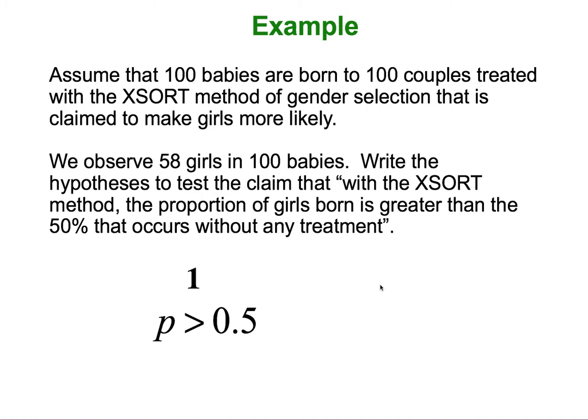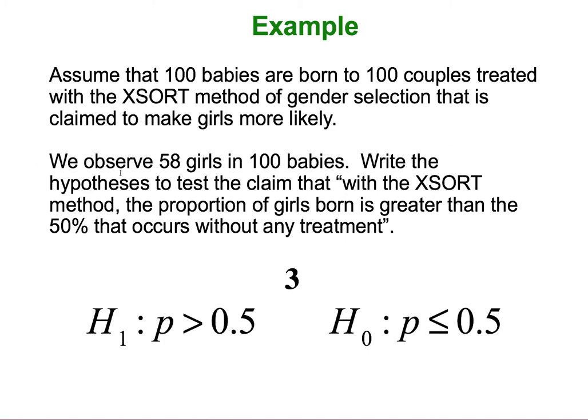Proportion is greater than 0.5, the 50-50 shot you get normally. And then the complement would be proportion is less than or equal to 0.5. So that means that the second statement is our null hypothesis. The first is our alternative.